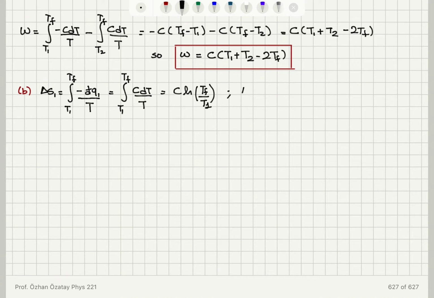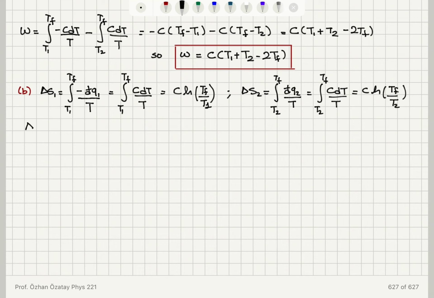And similarly, for the entropy change of the A2 system, I have the integral from T2 to T final of the heat absorbed d bar Q2 over T, which is the integral of CdT over T, which is C natural logarithm T final over T2.